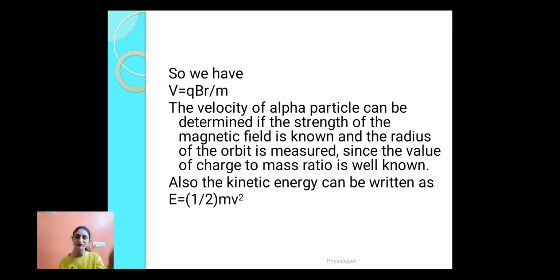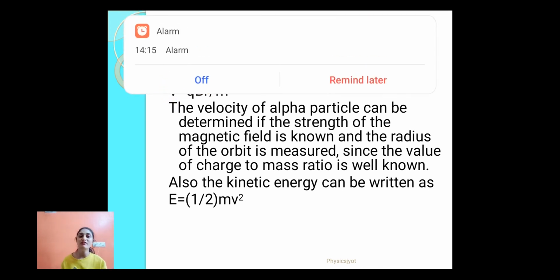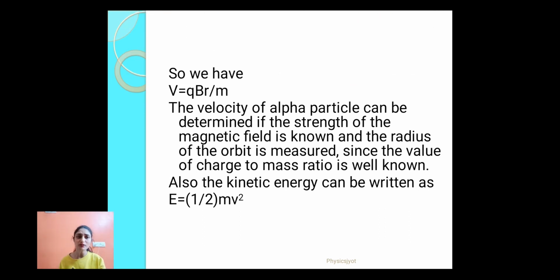The velocity of alpha particle can be determined if the strength of the magnetic field is known and the radius of the orbit is measured, since the value of charge to mass ratio for alpha particles we know. So once you know velocity, you can calculate the kinetic energy using the formula E equals to half mv square.